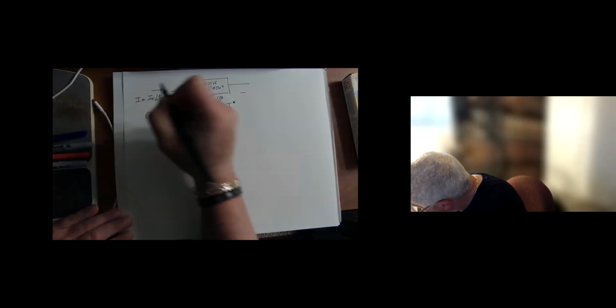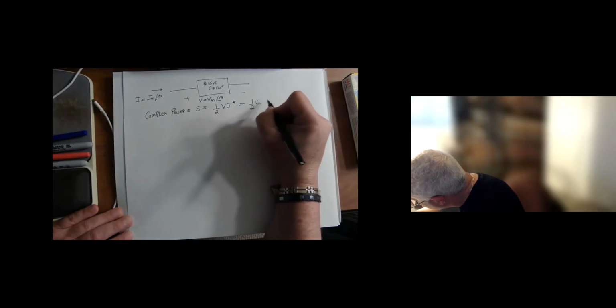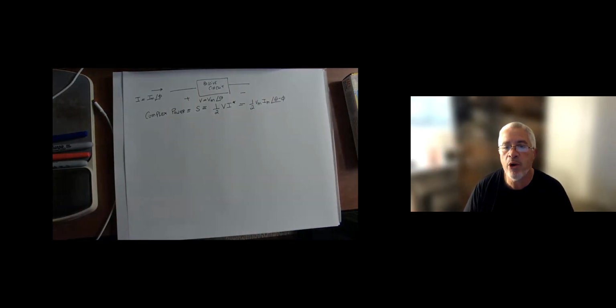So if we substitute the voltage and the current, we have 1/2 Vm Im, at the phase angle of the voltage, and then we pick up a minus sign, so it's theta minus phi. That is the complex power in polar form.